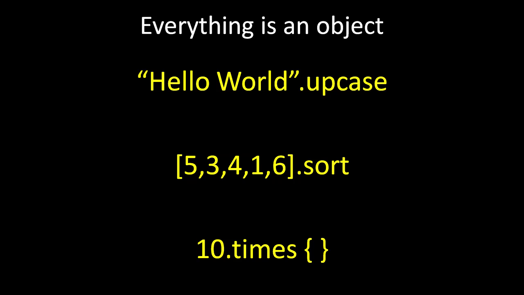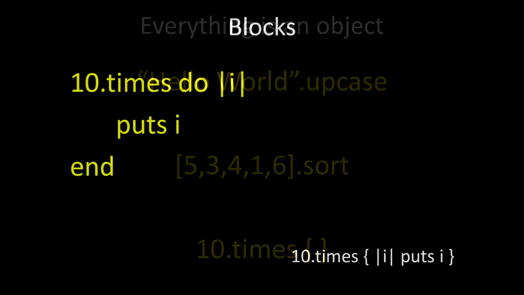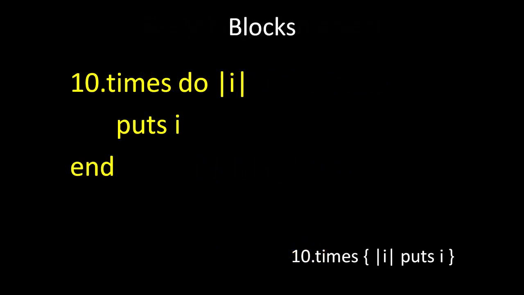A block is the equivalent to, say, a delegate or a lambda expression within C#. It allows you to pass in arbitrary bits of code which you want to be executed in place. So in this case, times will execute the block, the arbitrary bit of code which you want to execute, 10 different times. It will just iterate around it.